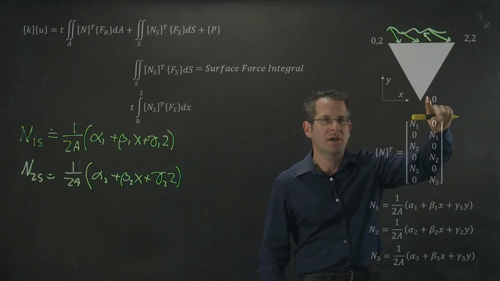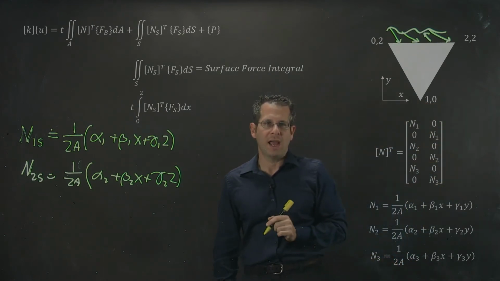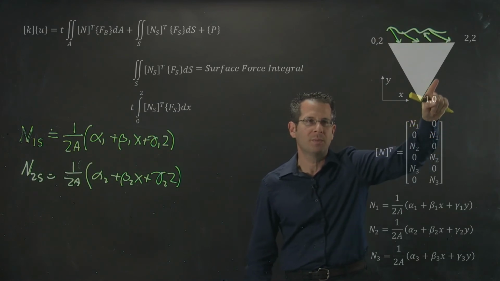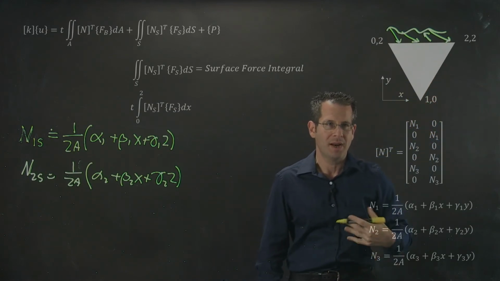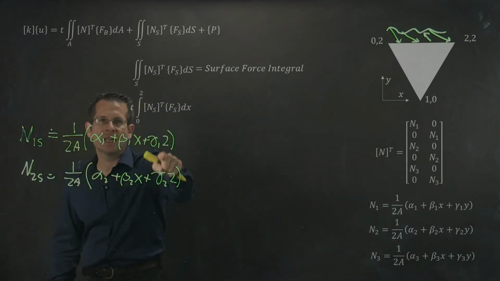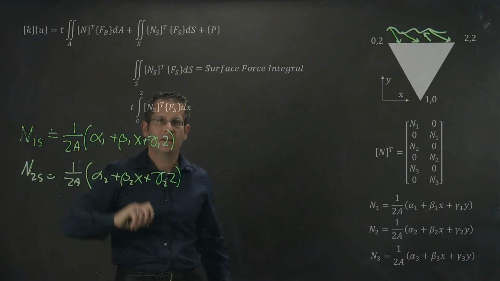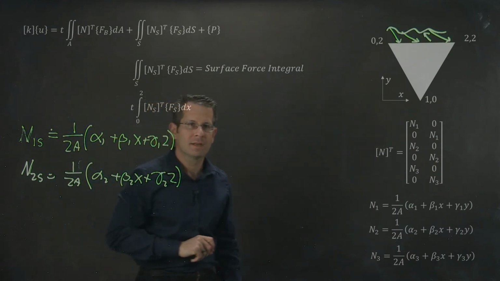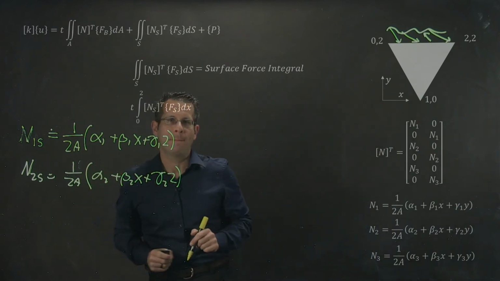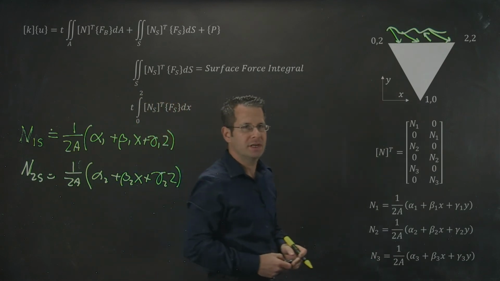If I was along this surface, then I would know what x and y were along the surface, but either x would be dependent on y or y would be dependent on x, depending on how I want to think about it. So these are the same terms that I had in the body force term, but now I know more information about the form of these shape functions.